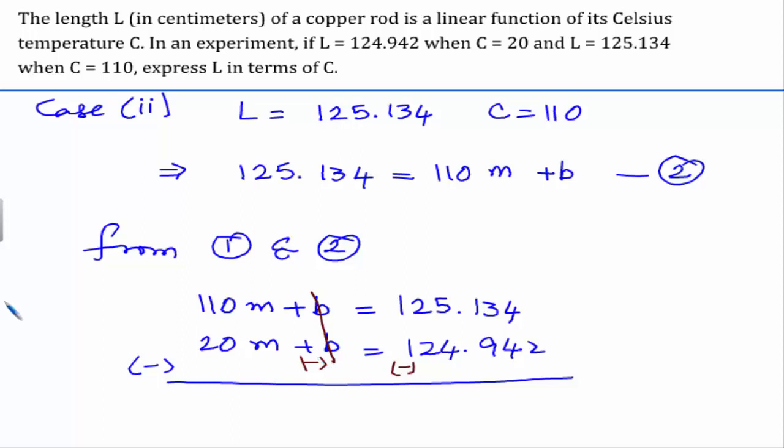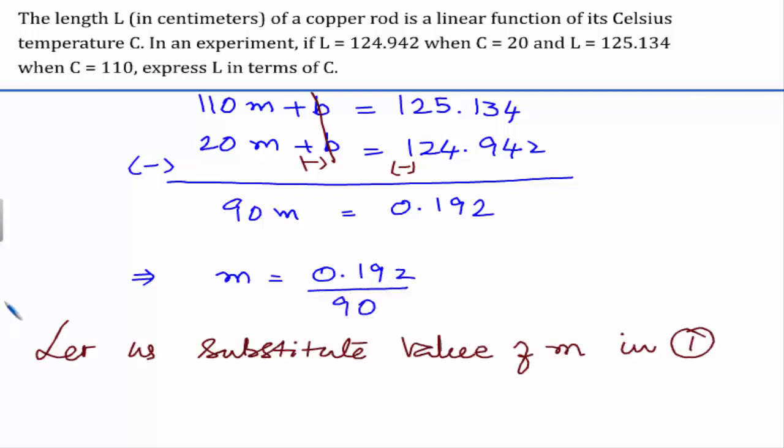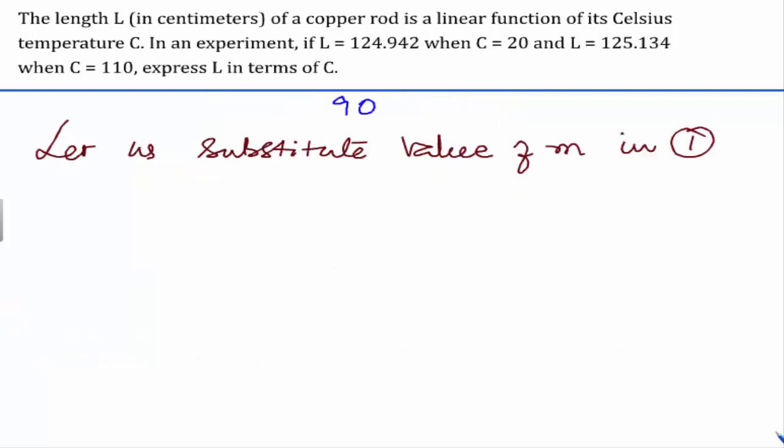Now b gets cancelled. Here you get 90m is equal to 0.192. That implies m is equal to 0.192 by 90. Now let us substitute this value of m in equation 1.